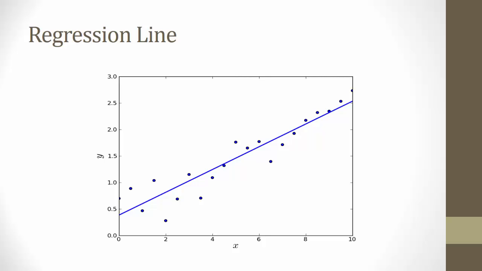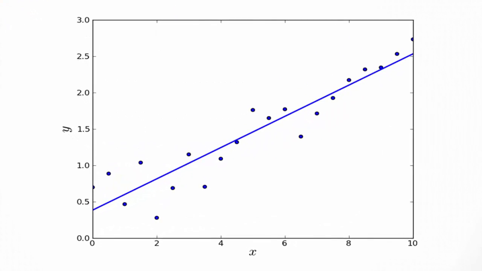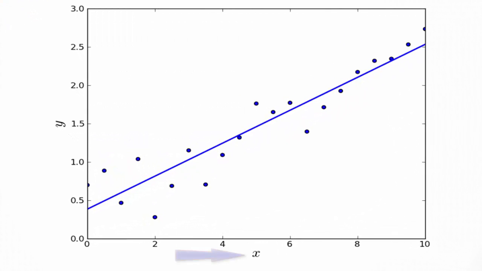As I said, linear regression assumes that there is a relationship between your independent variables and your dependent variable. Here is the most basic and simplest form of linear regression, in which we only have one independent variable, and that is x. Your dependent variable or target variable here is y. You can see that there is an apparent relationship between x and y. As x increases, y also increases somehow.